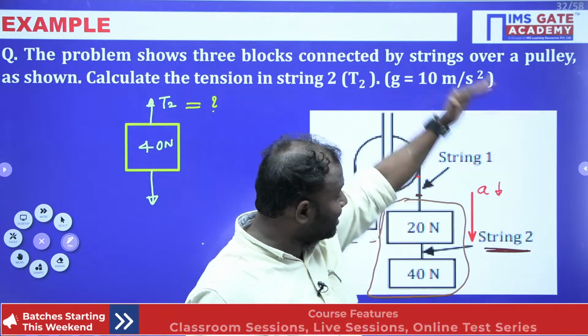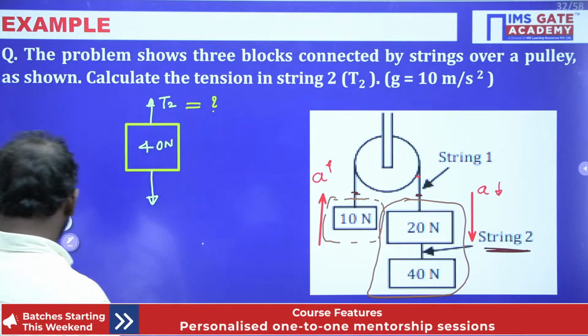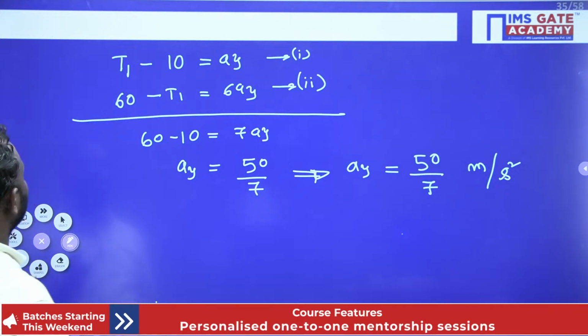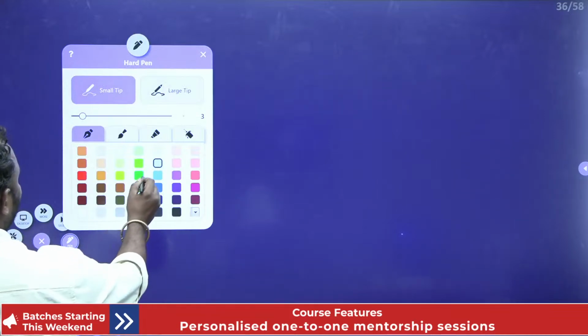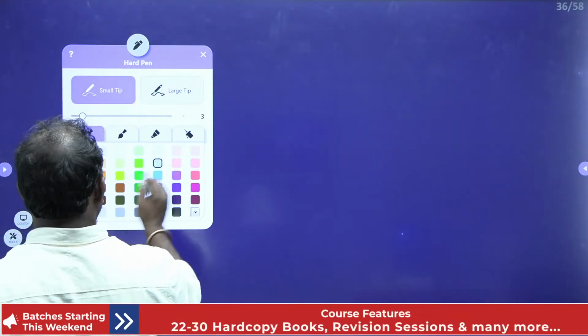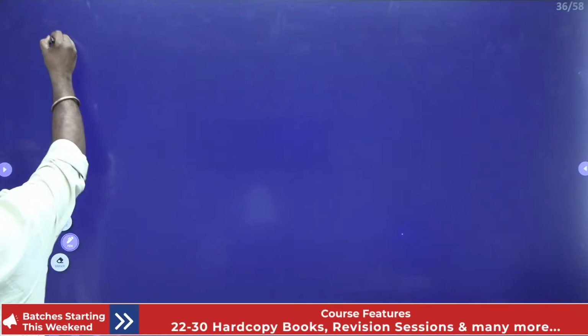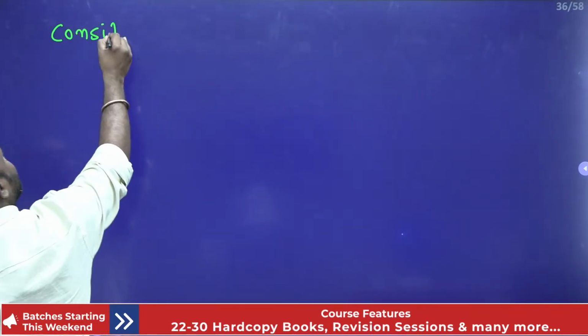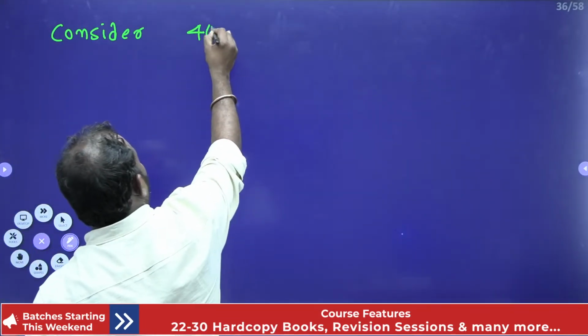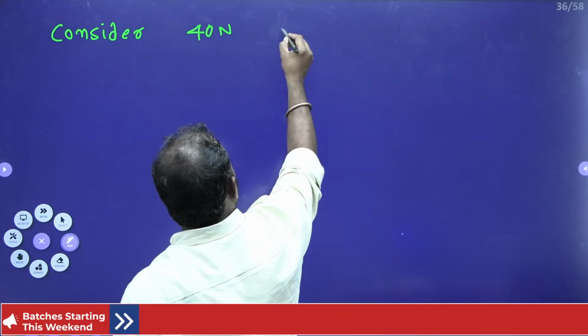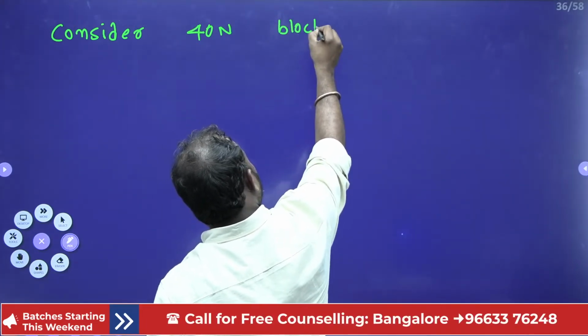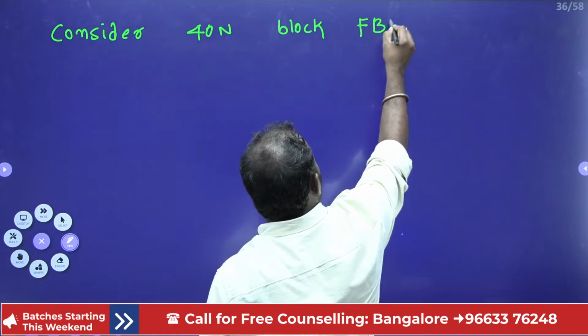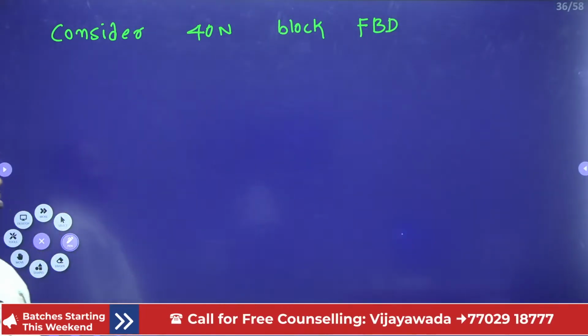Direction of motion is downward, right? Now consider the 40 Newton block FBD.